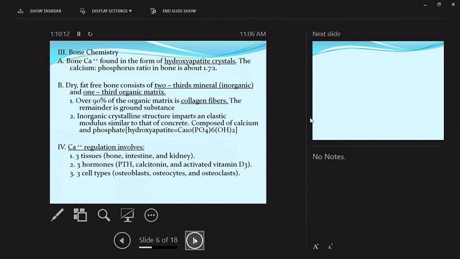So this can form an osteogenic sarcoma, cancer of the bone. And usually this is due to heavy metals, sometimes mercury, like that.